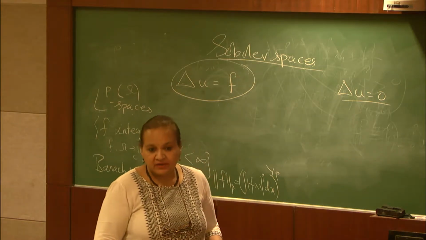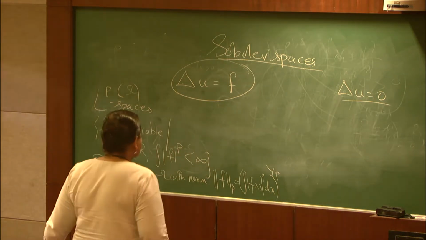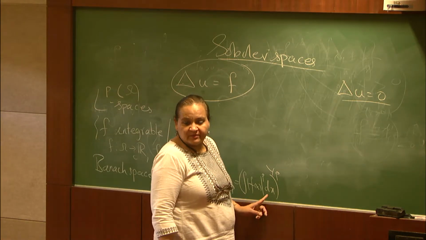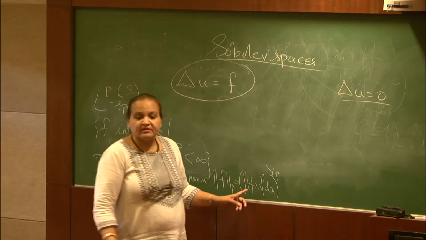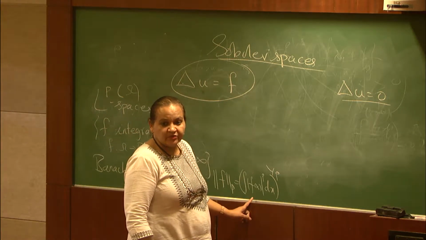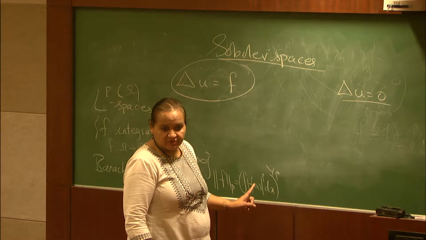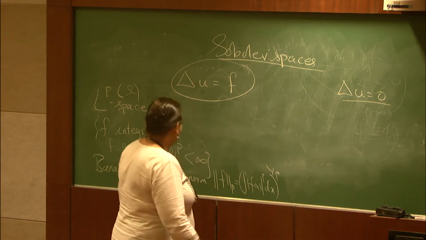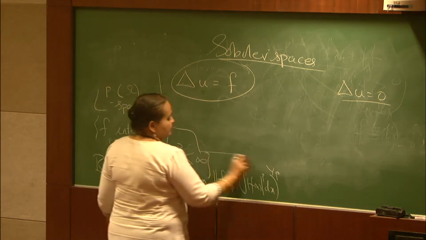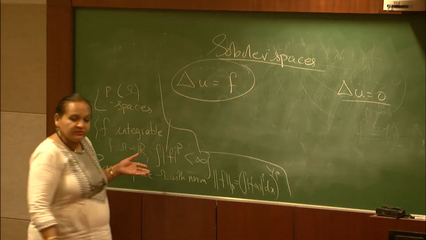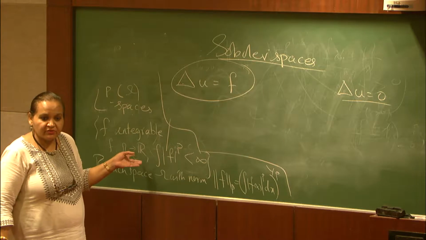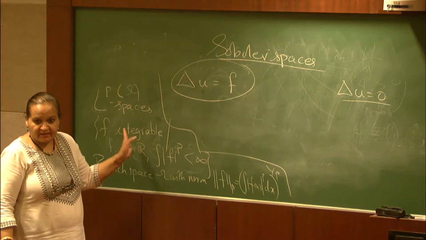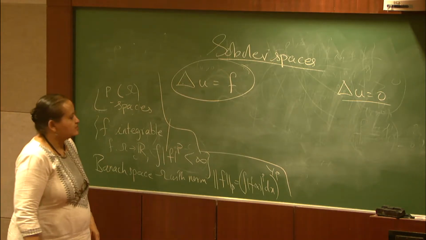It's a complete normed linear space. And in case p is equal to 2, we know that it is a Hilbert space because you have an inner product. Okay, so what we will see quickly is that here, and I believe you have also shown that C infinity functions with compact support are dense in these particular spaces.